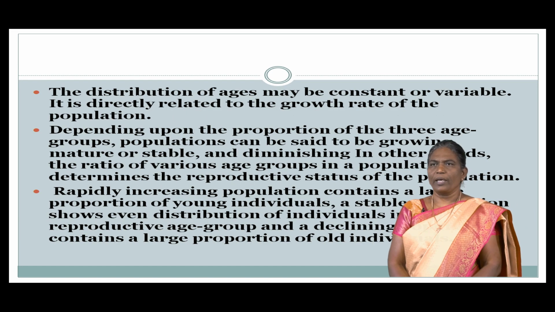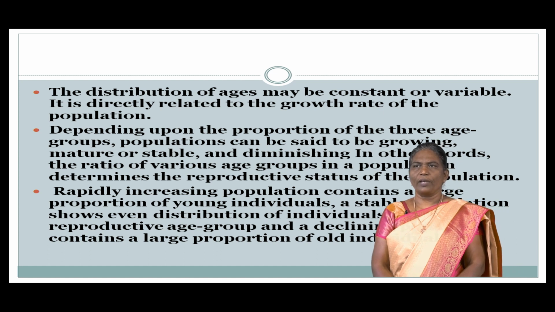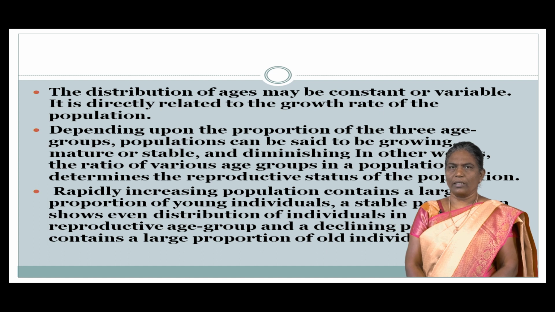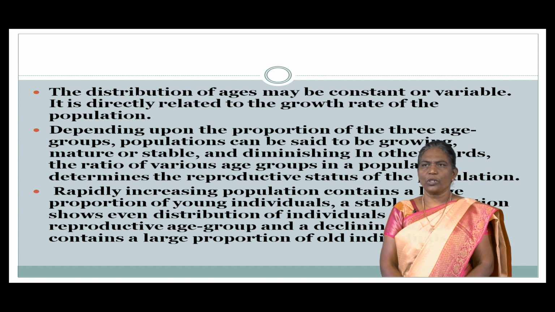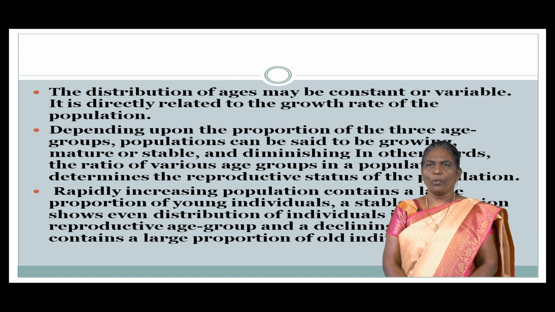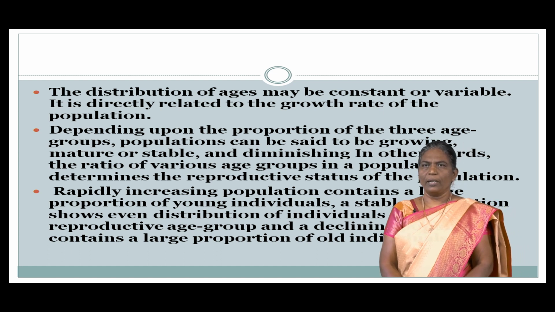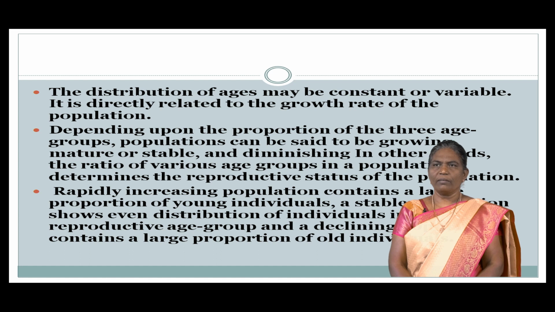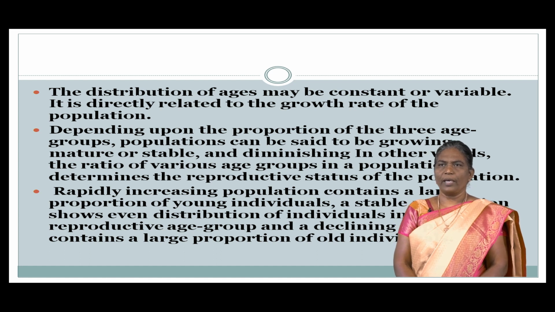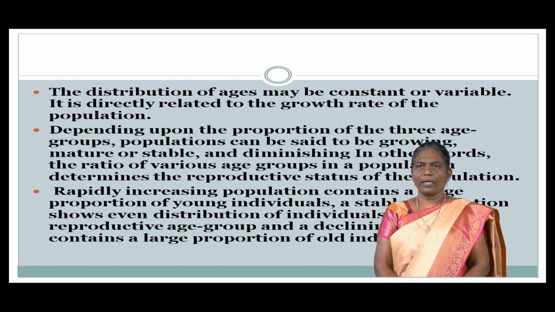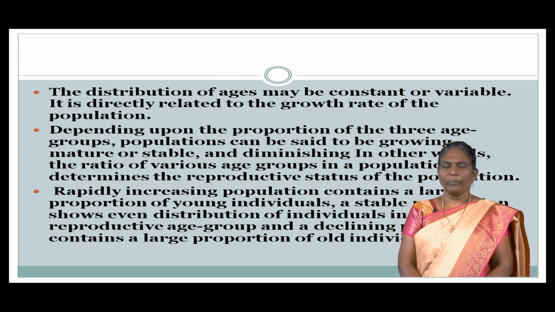The distribution of ages may be constant or variable. It is directly related to the growth rate of the population. Depending upon the proportion of the three age groups, populations can be said to be growing, mature or stable, and diminishing. In other words, the ratio of various age groups in a population determines the reproductive status of the population.